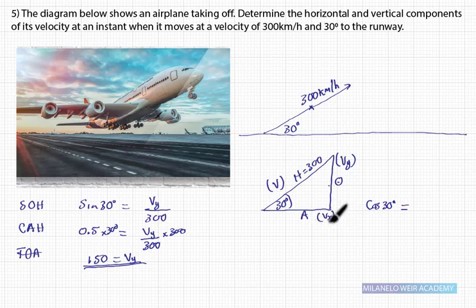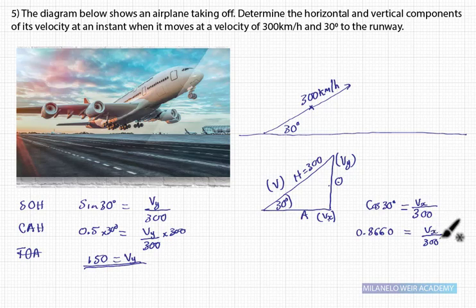Adjacent is vx over hypotenuse, which is 300. Cos 30 gives 0.8660 is equal to vx over 300.